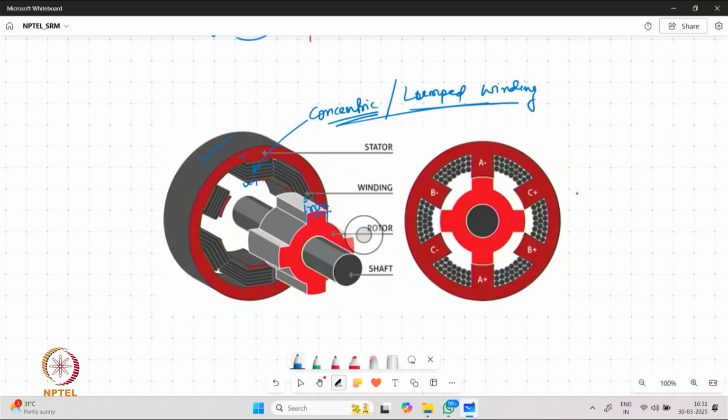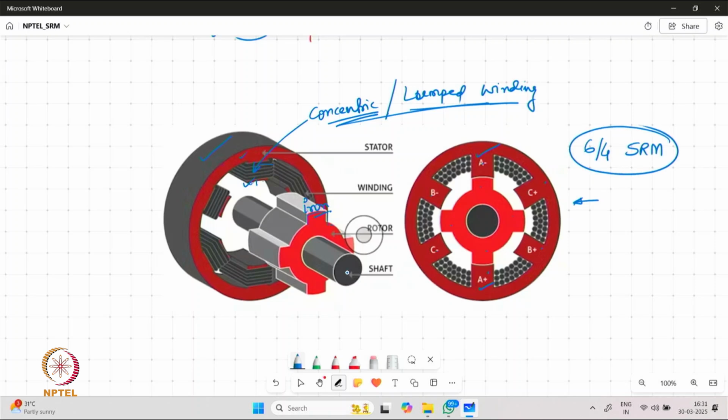So the cross section of the motor may look like this. We can count here that in a practical scenario we may have several poles provided on the stator. So we may have 1, 2, 3, 4, 5, 6, and then on the rotor we may have 1, 2, 3, 4. So more practically we may have a 6x4 SRM.